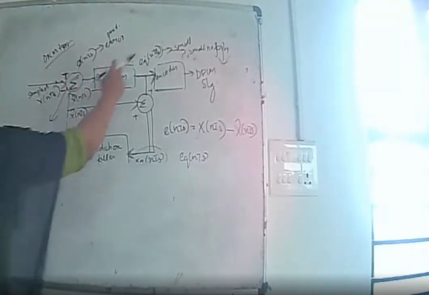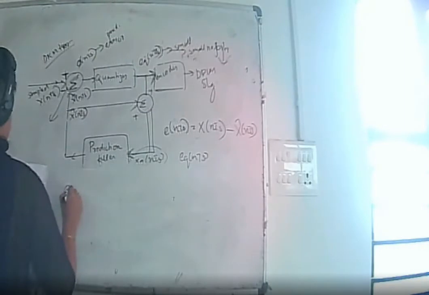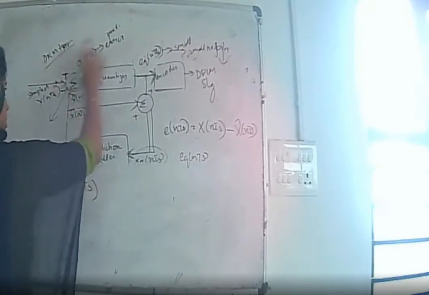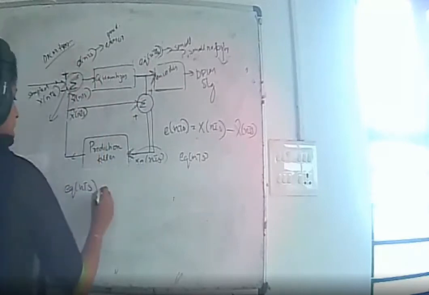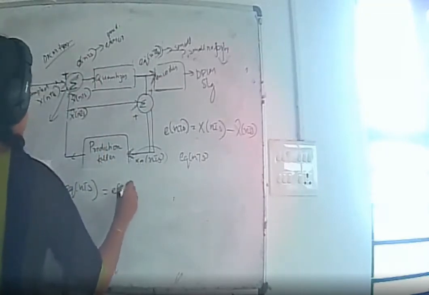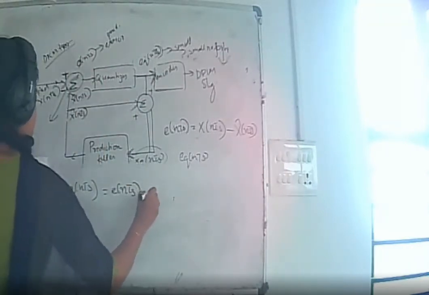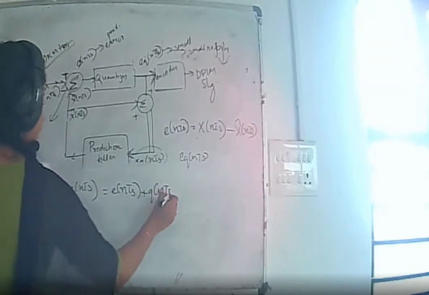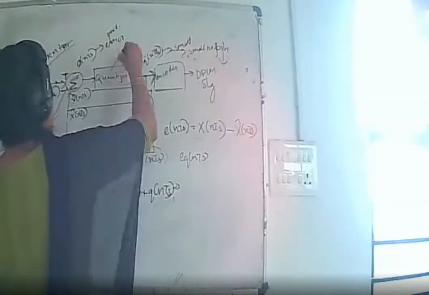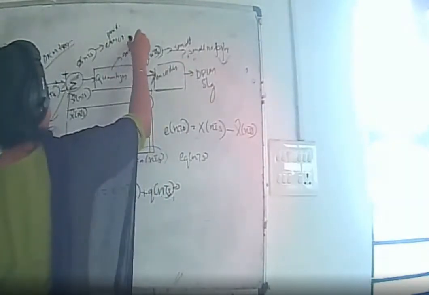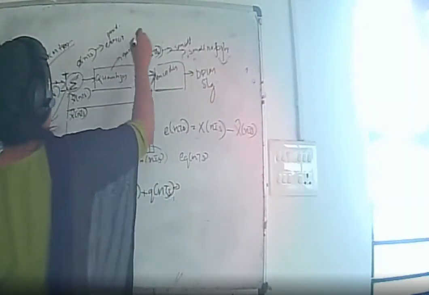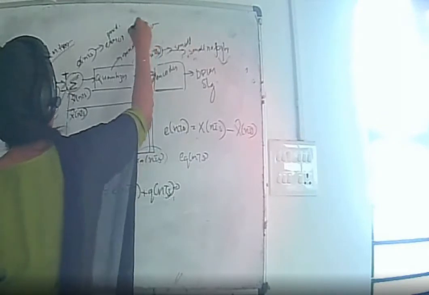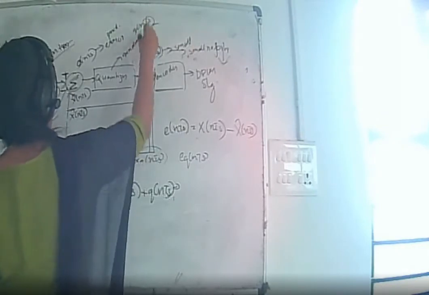So the quantization output E_q of nTs is nothing but E of nTs plus Q of nTs. E of nTs is the prediction error, and Q of nTs is the quantization error.